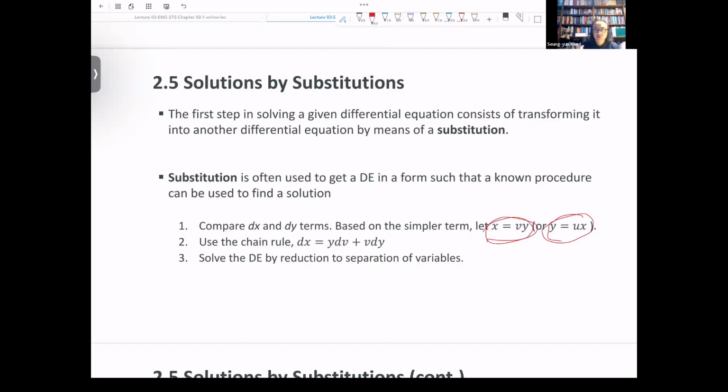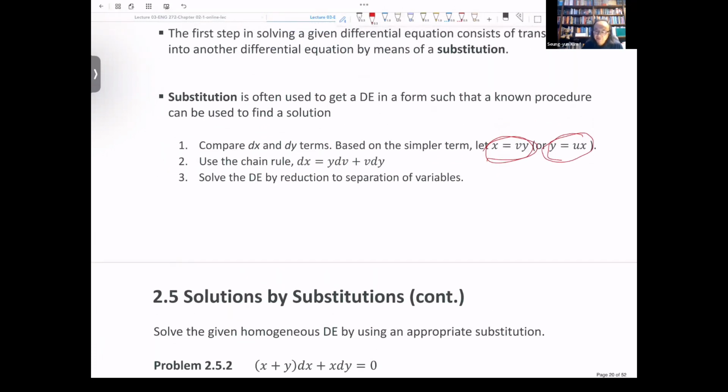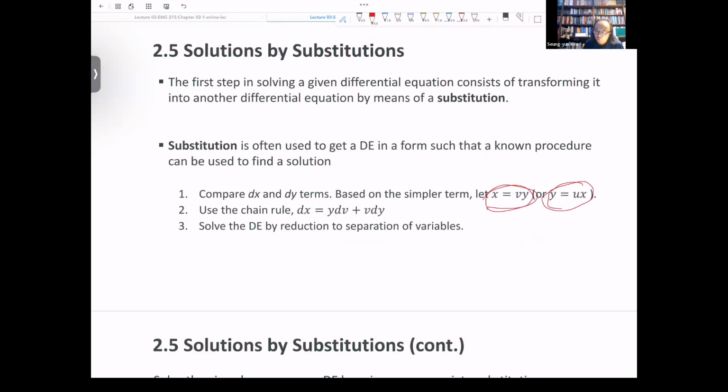And in the very specific form of differential equations, by inspection, if it's in that form, then we can use Bernoulli's substitution. That way we can have an easier approach to solve that differential equation. So in this substitution, we compare dx terms and dy terms, and you identify the simpler term and use either x or y equals this.